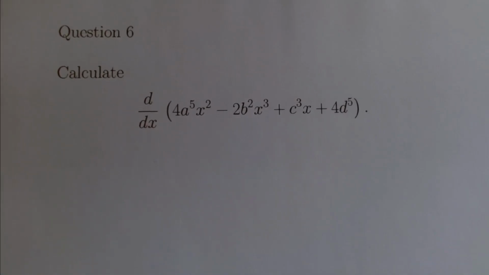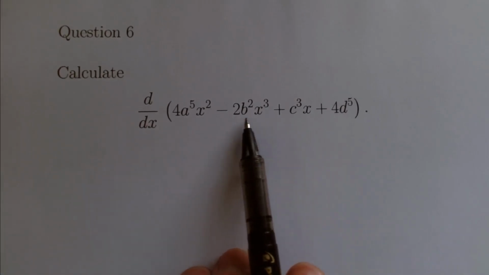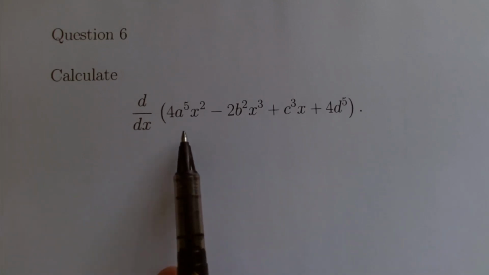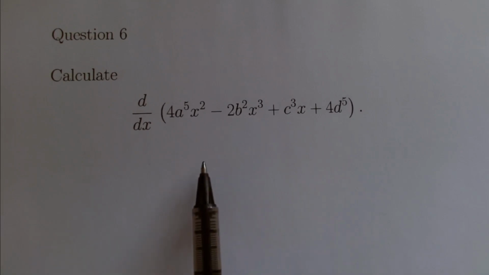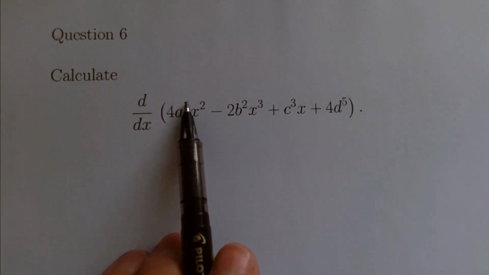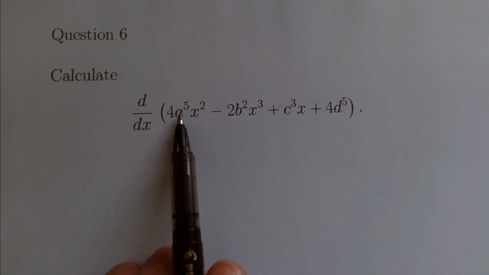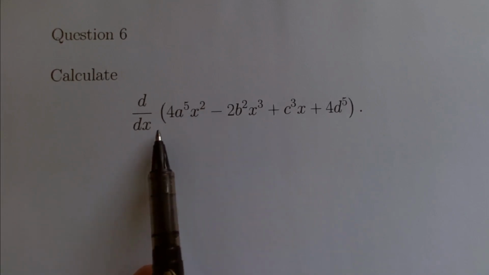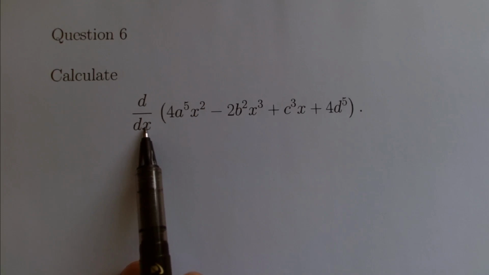Okay, question number 6. We're given a polynomial and we need to differentiate it. And here we have to be a bit careful. The a to the 5 is not a variable, it's a constant. So it's the x squared that's the variable because of the dx.